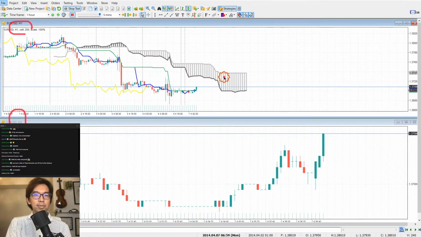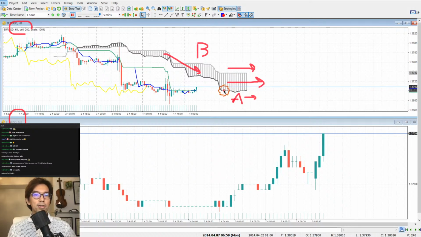Right now, as you can see, the Kumo is completely flat. It's not really going anywhere. Senkou span B is the upper part of the Kumo when it's downtrending, and Senkou span A is the lower part, just for recap. Senkou span B is completely flat, and Senkou span A is also flat.